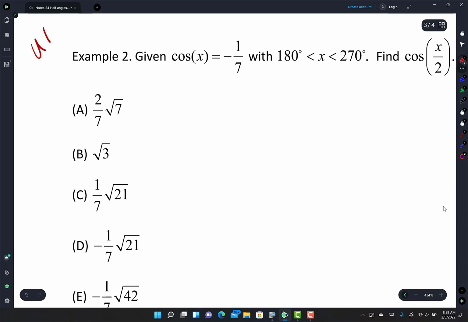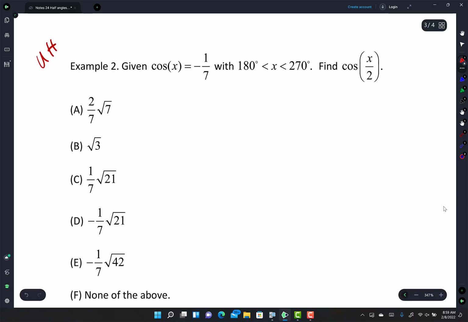So this is from UH, and now we're just going to do some sample problems just so you guys can get warmed up. So I want cosine of x over 2. I hope that you guys recognize x over 2 is a half angle. Cosine of half x equals plus minus square root 1/2 parenthesis 1 plus cosine x.